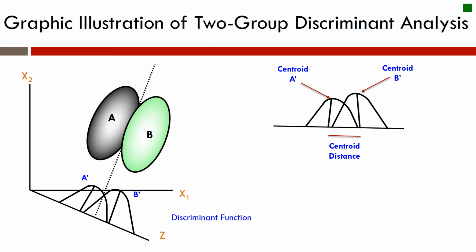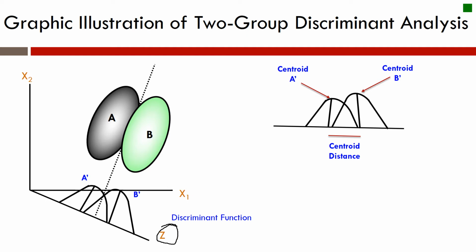Again, what we'll end up creating is some form of what we call a discriminant function, and in this case we have one discriminant function. We have two different groups, so we have two levels, an A and a B. 2 minus 1 is 1, so we have one z-score, which would be reported, and it's indicated here.